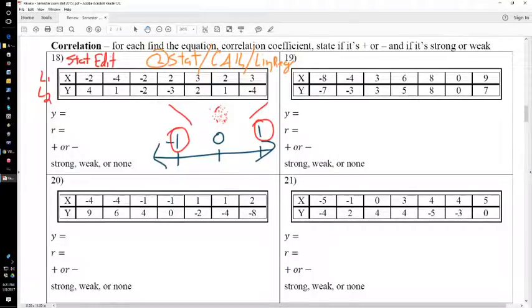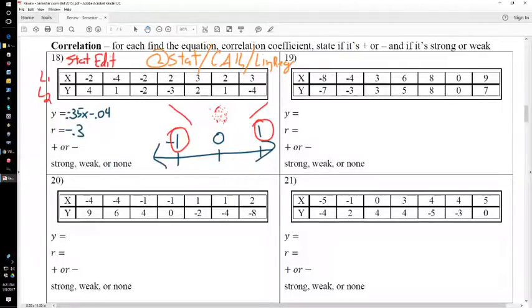So here we go. Y equals, and just round, -0.35x minus 0.04. And the R value, your R is your correlation coefficient. So R is -0.3.